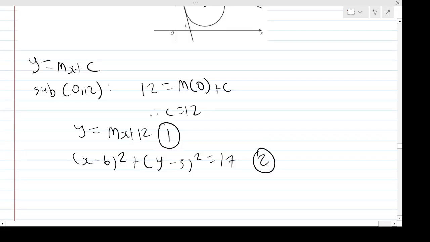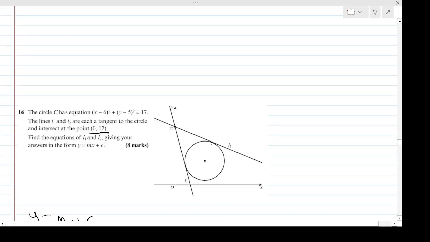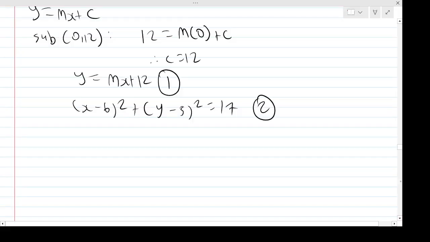Well, the tangent intersecting with the circle, I can equate them together, right? And these are tangents, so there's one intersection, which means one real solution, which therefore means the discriminant equals 0. So I can use the discriminant to work out the values of m. Okay, and so we can proceed.